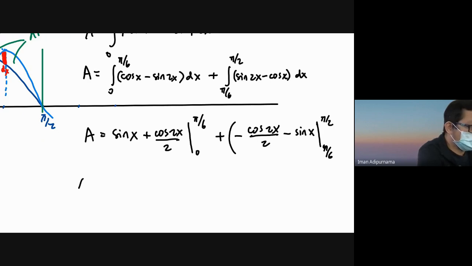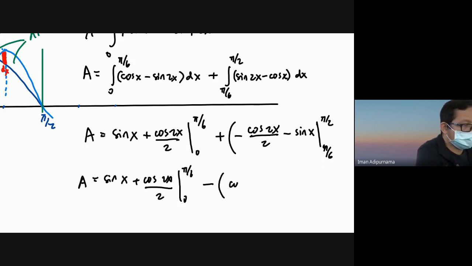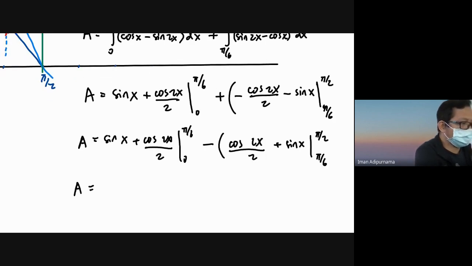But let me exchange this to avoid mistakes. Minus, okay, and this will be just plus. Okay, and area is sine pi over 6 is half, pi over 6 plus pi over 3 plus 1 over 4, right?